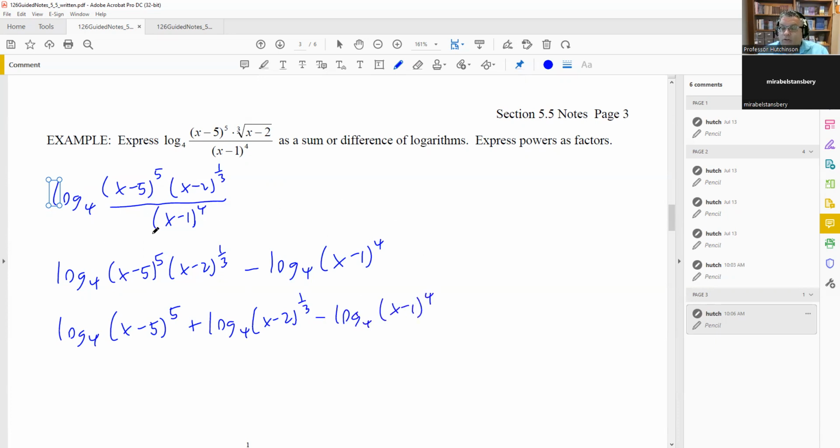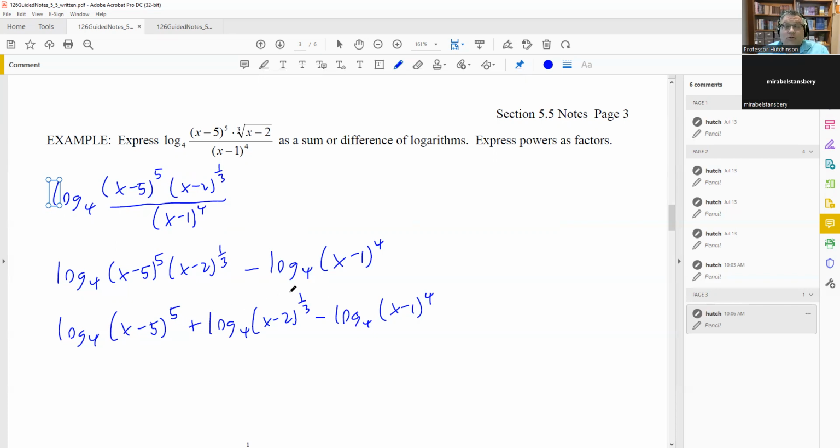Okay, so you could have gone from the first original problem where we wrote it from here and just gone right down to there if you want. So as you do more of these, you may be able to jump down to that one and not do the intermediate step, but I'm going to keep showing you the intermediate step just until you get the hang of it. So for all this here, we have a plus and then we have a minus.